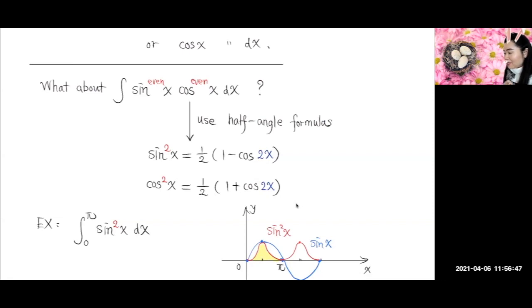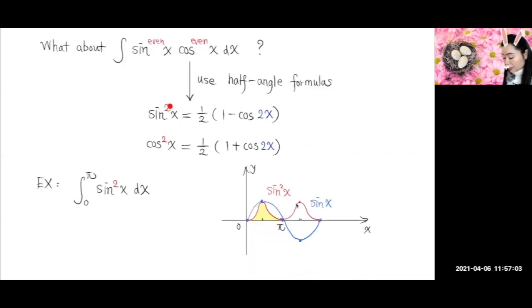You probably remember the double angle formula. This one here, you can get it from that. So these two are the half angle formulas. When you have sine square x, you can express it into this. Cosine square x, you can express it into this.